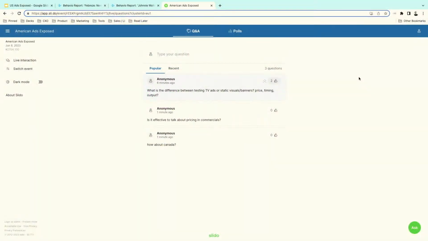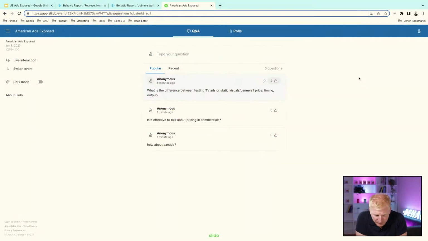What is the difference between testing TV ads or static visual banners, price, timing, output? There's no difference in timing, in price, and of course the output.